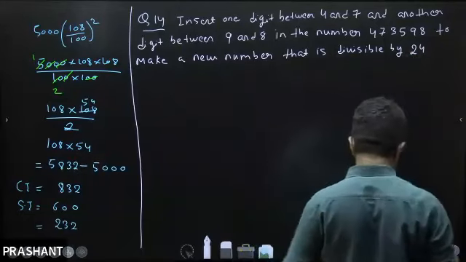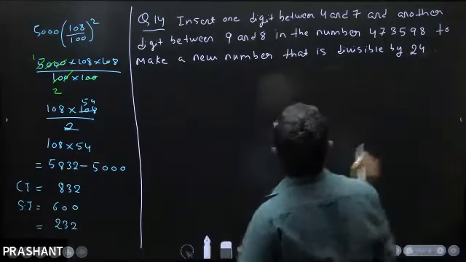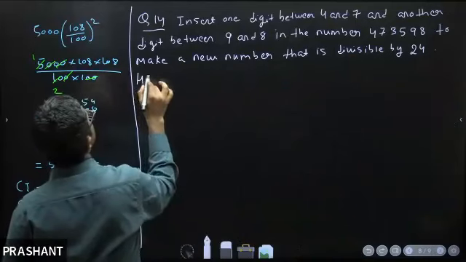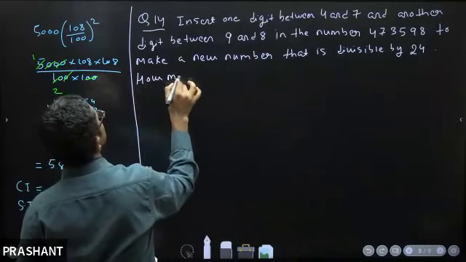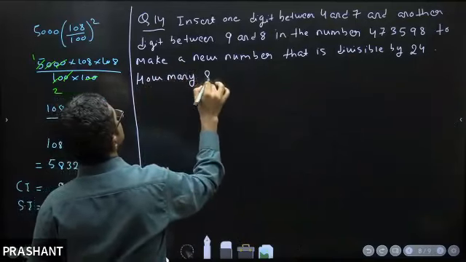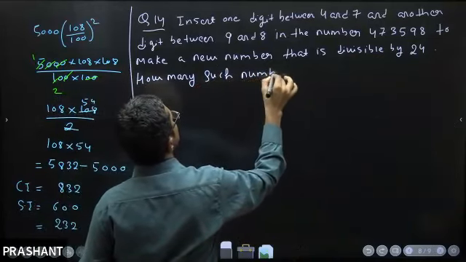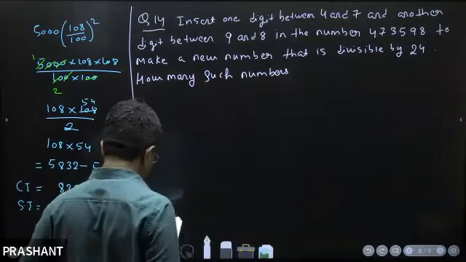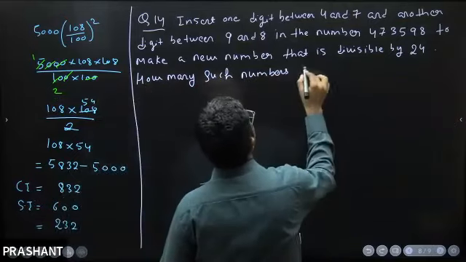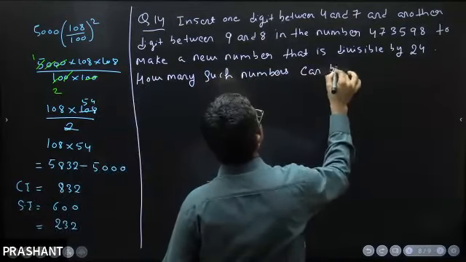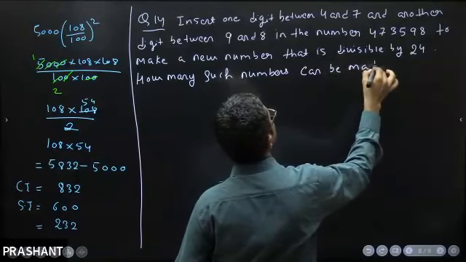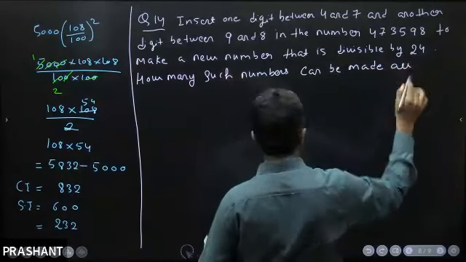That is divisible by 24. How many such numbers can be made in all?